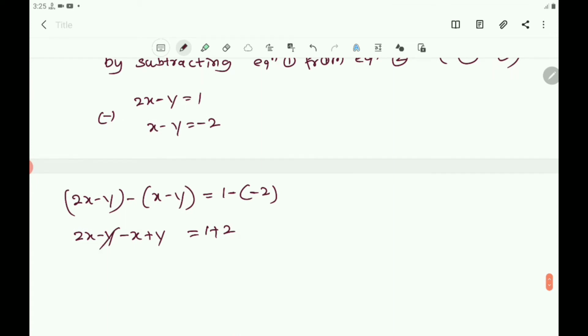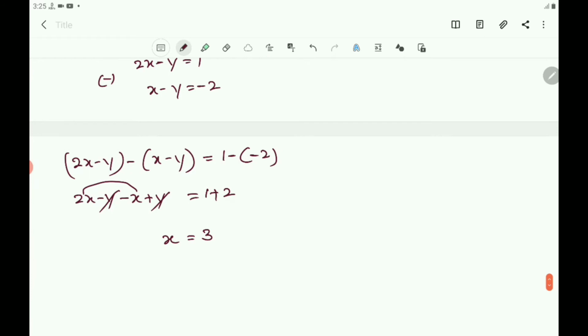Then you know that minus y and plus y cancel here, 2x minus x is x, 1 plus 2 is 3, so you got x equals 3.